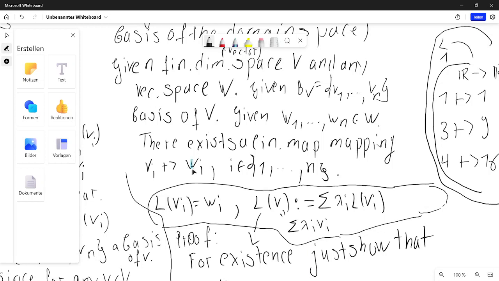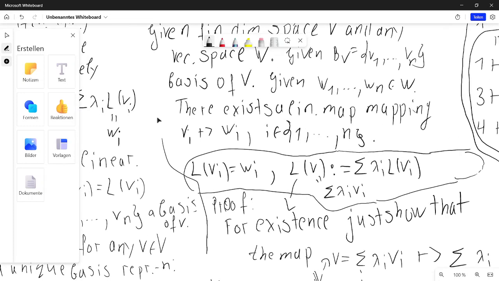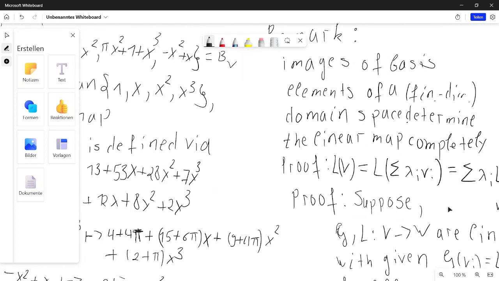Then we can have a linear map that maps those to those. Right, and this also is good for devising such tasks.